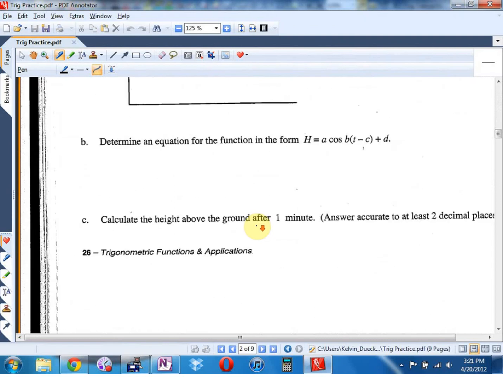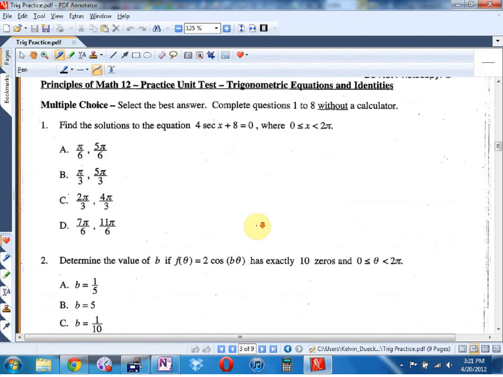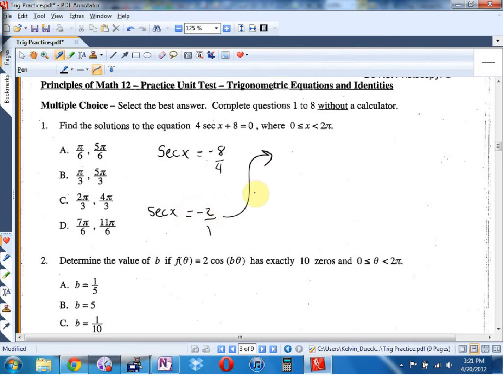If I was doing this question, I would minus 8 from both sides and divide by 4. I would get secant x equals -2 over 1. What does secant go with? This is the same as flipping cos x.